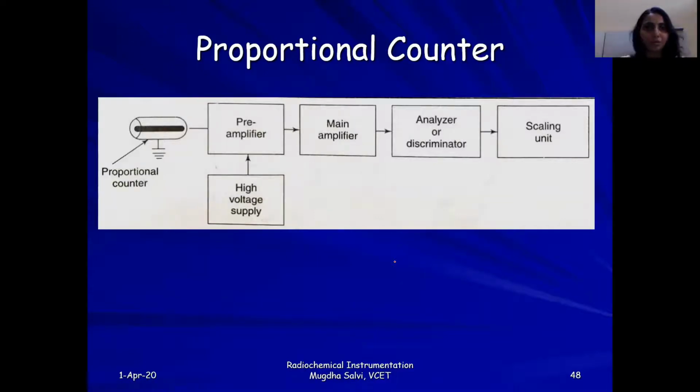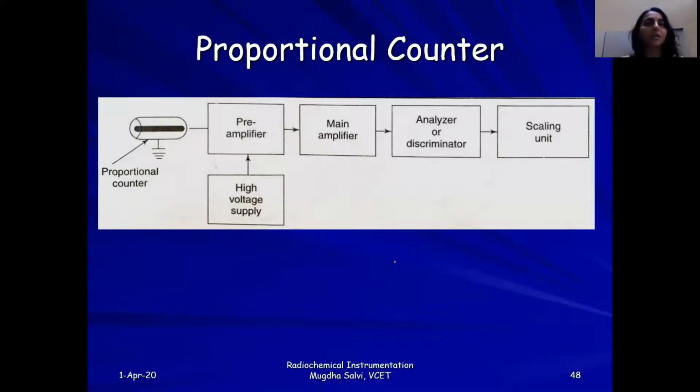In a proportional counter, as we go on increasing the supply voltage, the pulses that are received due to the ionization activity will increase, but they will increase in proportion to the energy of the incoming radiations. Because of that only, the name is proportional counter.